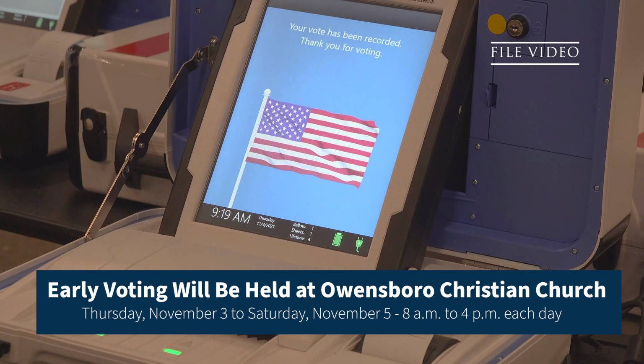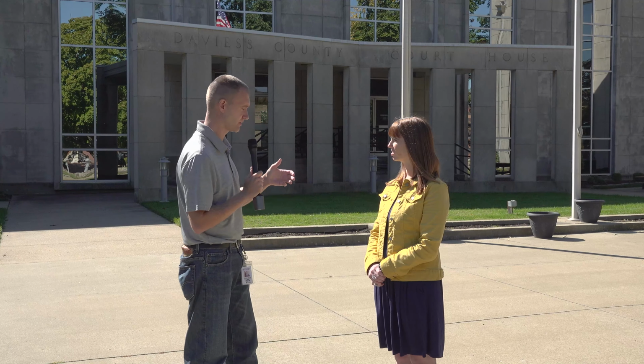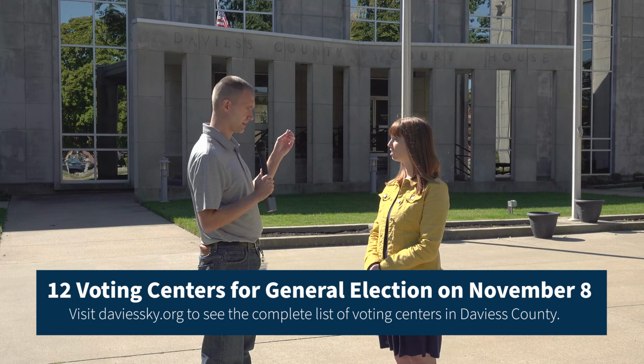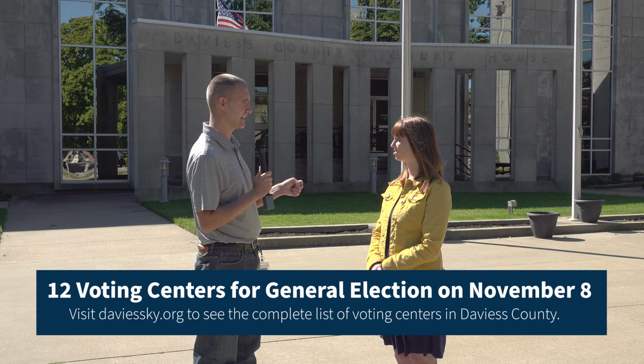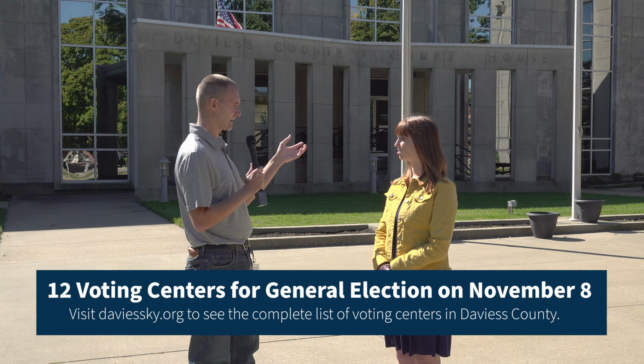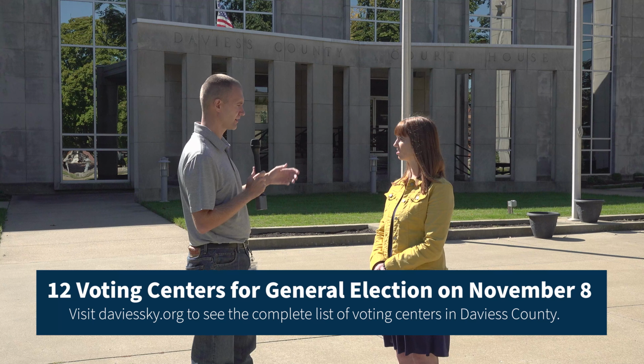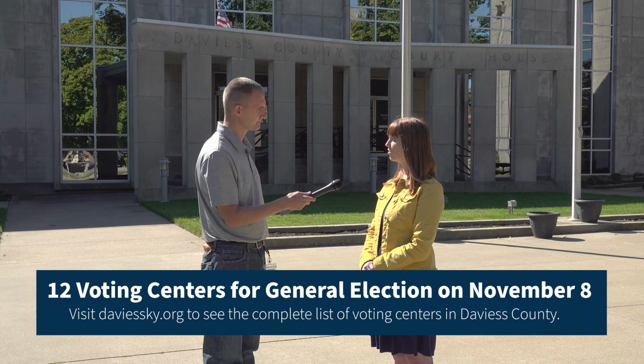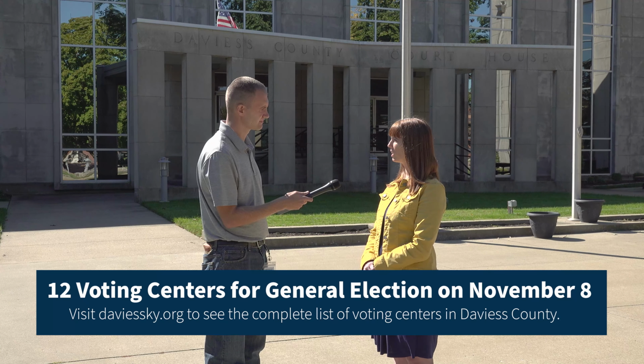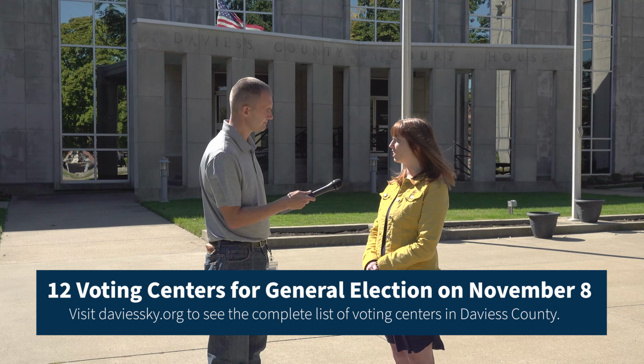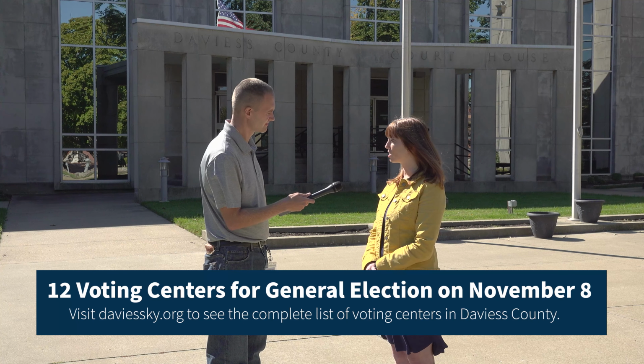Wonderful. As we approach the election, we do want to let folks know there are 12 voting centers. Leslie, last couple of elections we have had voting centers, but if someone has not voted the last couple of years, talk to us about the difference between a voting center and voting by precinct, and I guess kind of highlight a couple of the primary voting centers. Sure. So voting in a precinct is kind of like voting in a district. In the area that you live in, it's a certain amount of households.